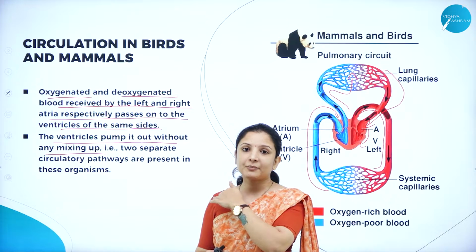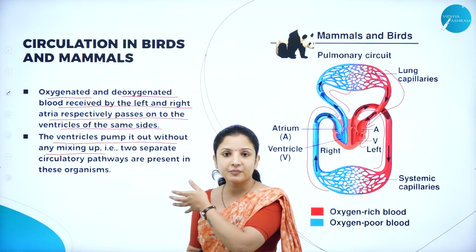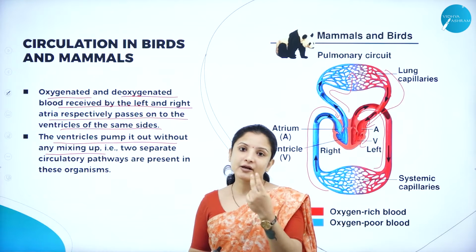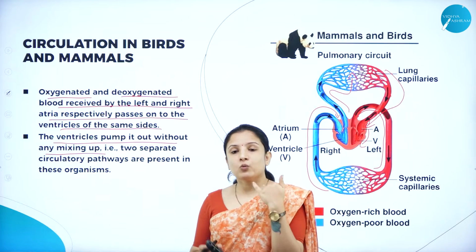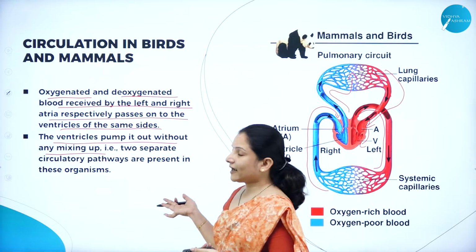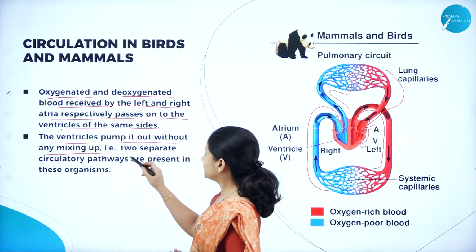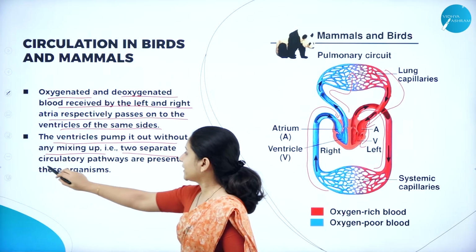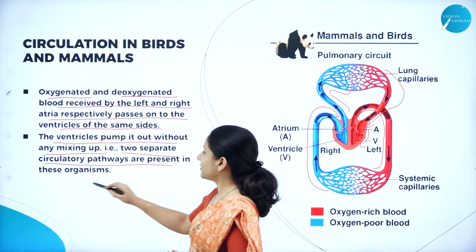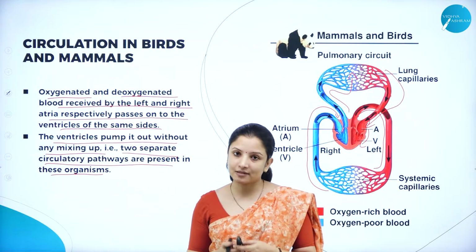But what is happening in the case of reptiles and amphibians? There they have 2 atria and 1 ventricle. So the oxygenated and the deoxygenated blood get mixed up in the ventricle. But all that doesn't occur in mammals as well as birds. Therefore, there are 2 separate circulatory pathways present in these organisms. That is why it is called a double circulation.